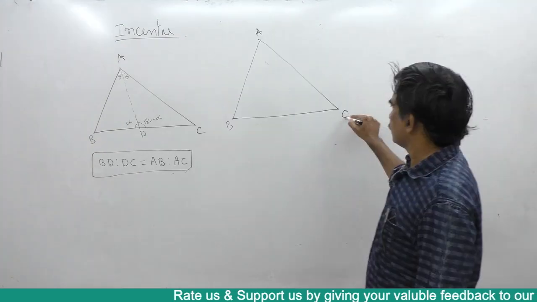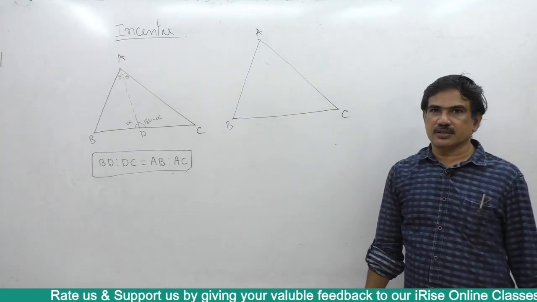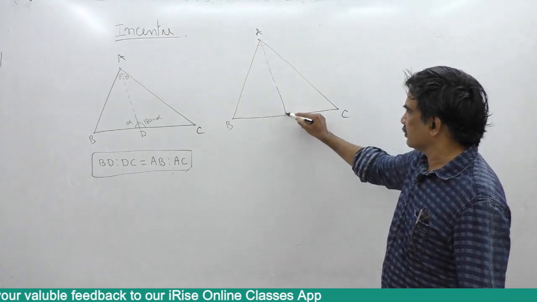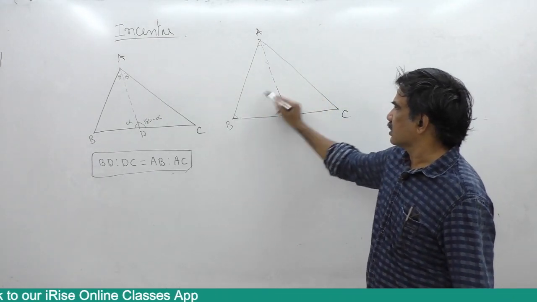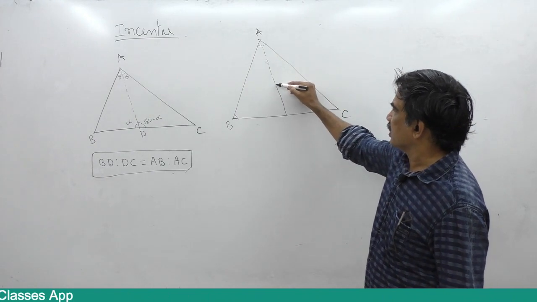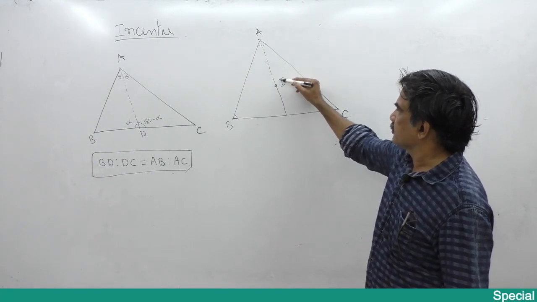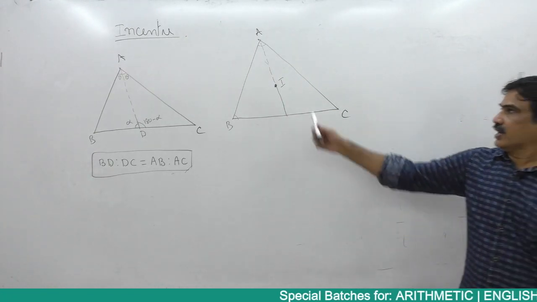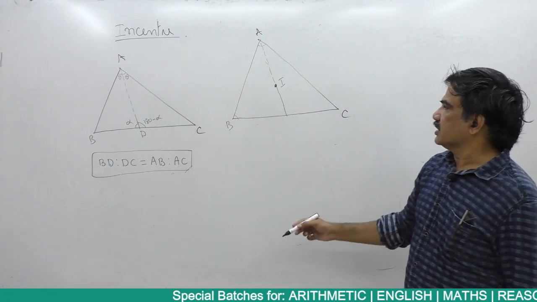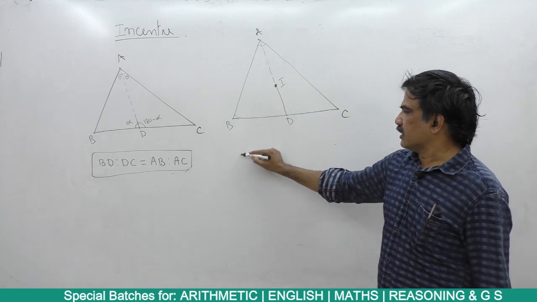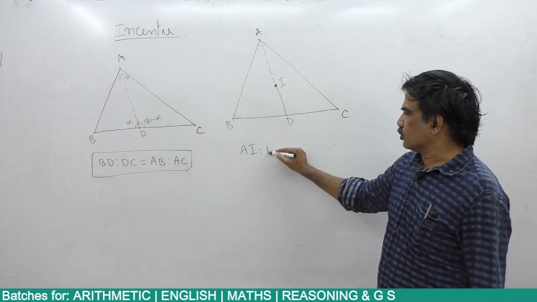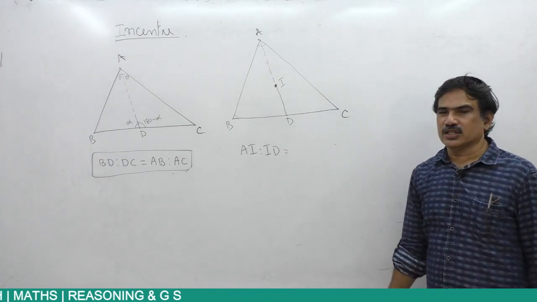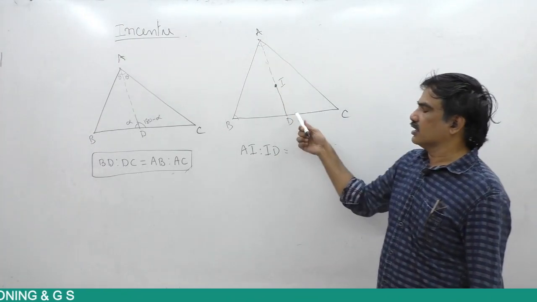Next, in triangle ABC, this is the angular bisector of A. If you draw the angular bisectors of B and C, they meet at I. I is the incenter. If I is the incenter of triangle ABC, then what is AI is to ID? What is the ratio at which the incenter divides the angular bisector?